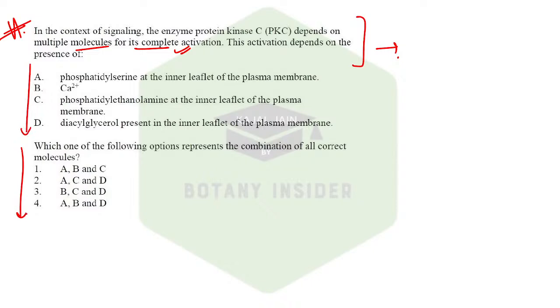Because you need to find combinations, try eliminating as and when you find one of the options incorrect. Try it out, everyone. Activation of PKC depends upon which of the following? Very easy question.